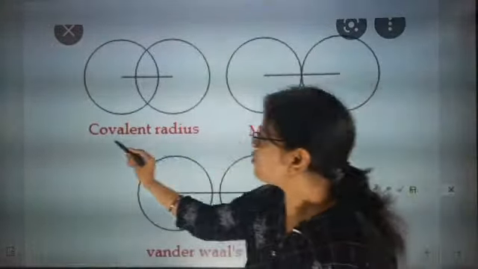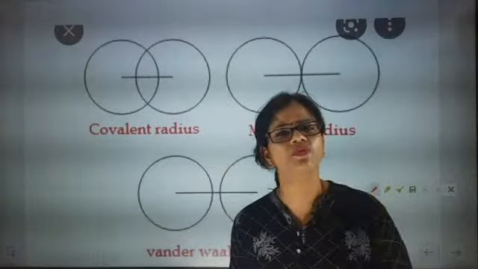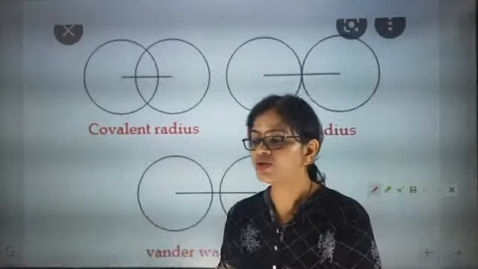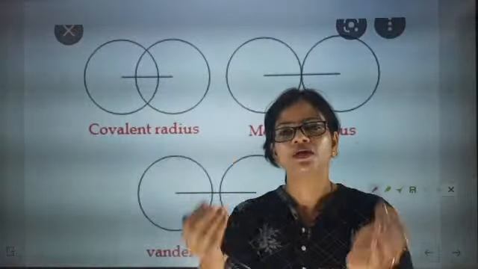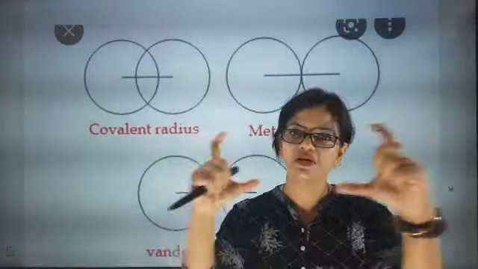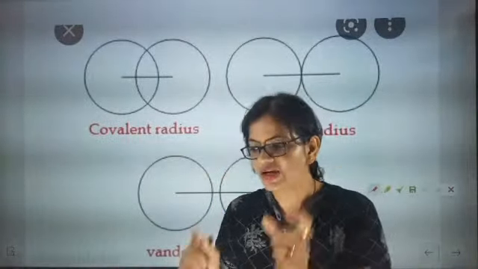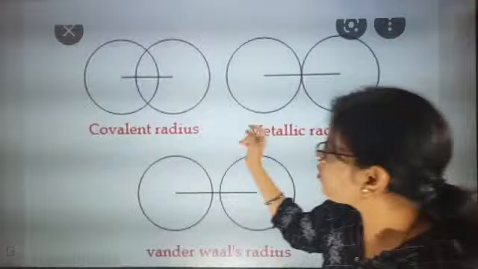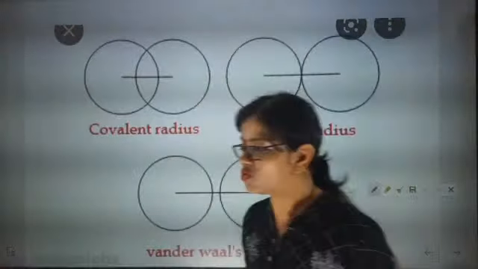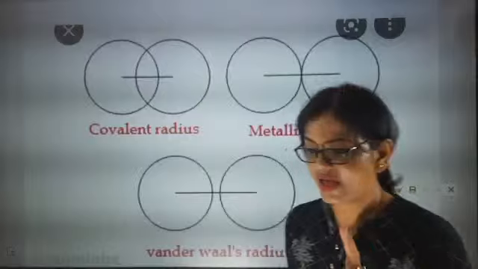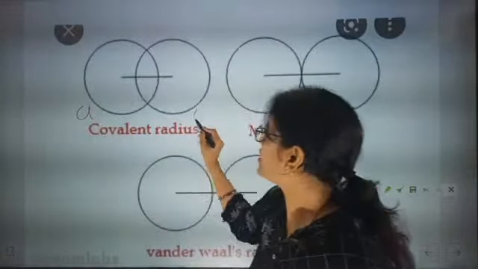Now look here, beta: covalent radius, metallic radius, van der Waals radius. So there are different types of bonding. According to the bonding, when 2 atoms come near, they have an attractive force, and with that they form a radius. That is called covalent radius. Now, what does covalent radius mean? Kamya, everyone, listen very nicely. I am talking about chlorine and chlorine.